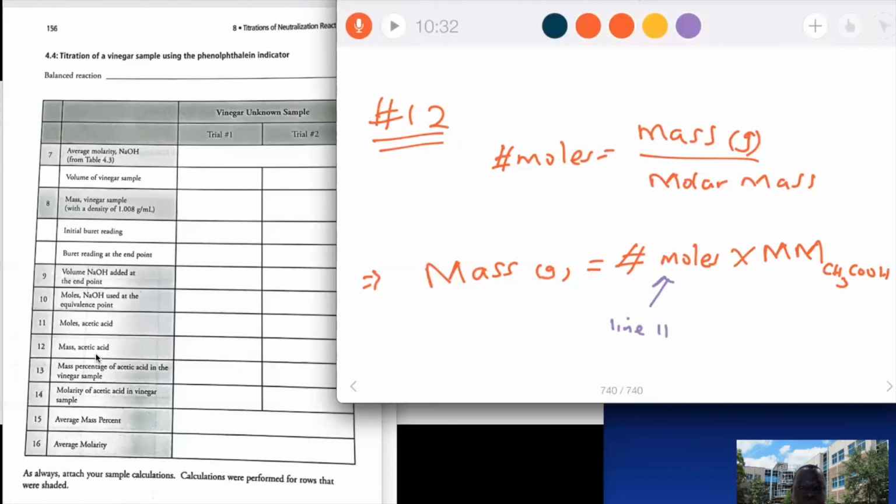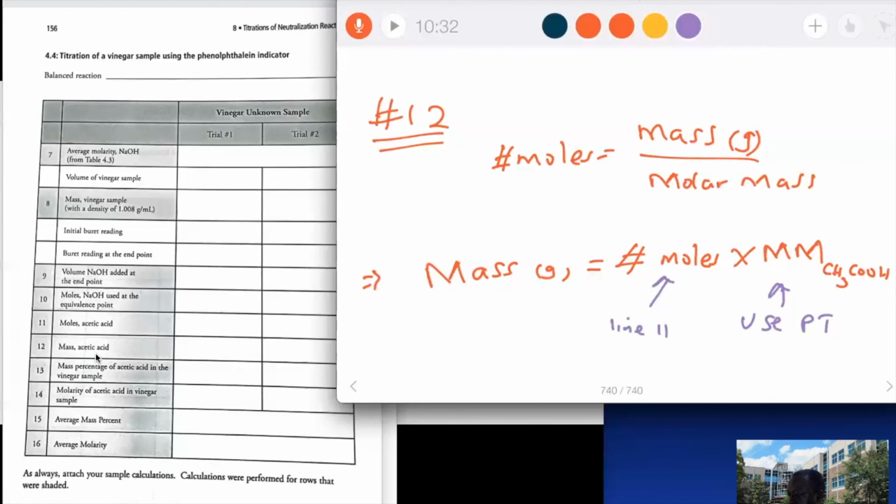We know the moles of acetic acid. Use the periodic table, PT for periodic table, and that should give you the mass of acetic acid.